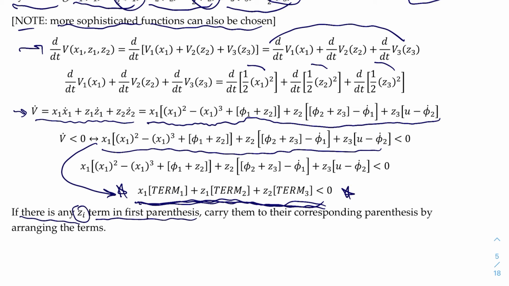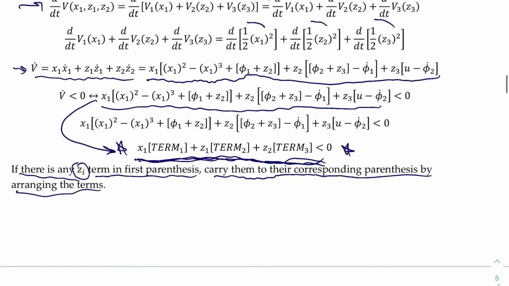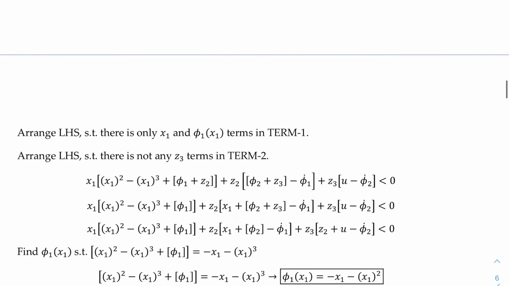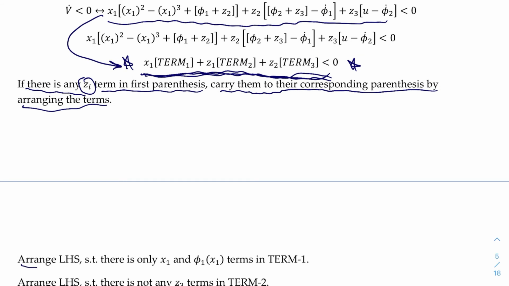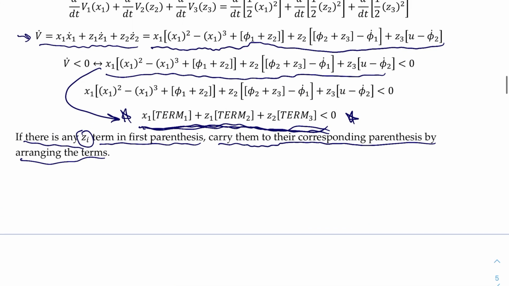If there is any zi term in the first parenthesis, carry it to its corresponding parenthesis by arranging the terms, and I will explain what that means. Arrange the left hand side such that there is only x1. By the way, this is the right hand side and this is the left hand side. Let me just show you.